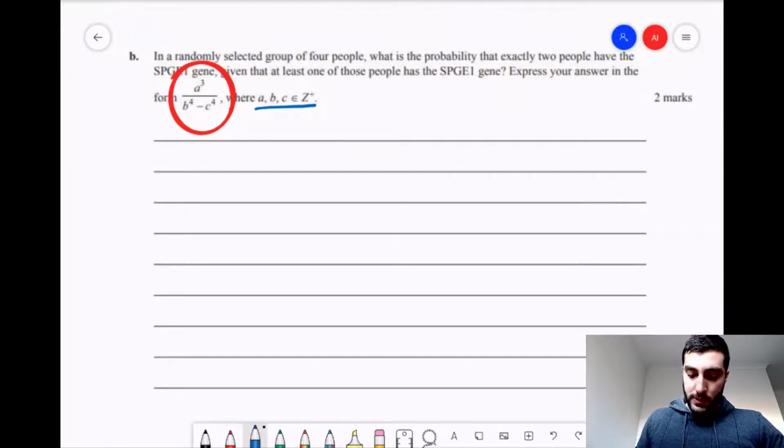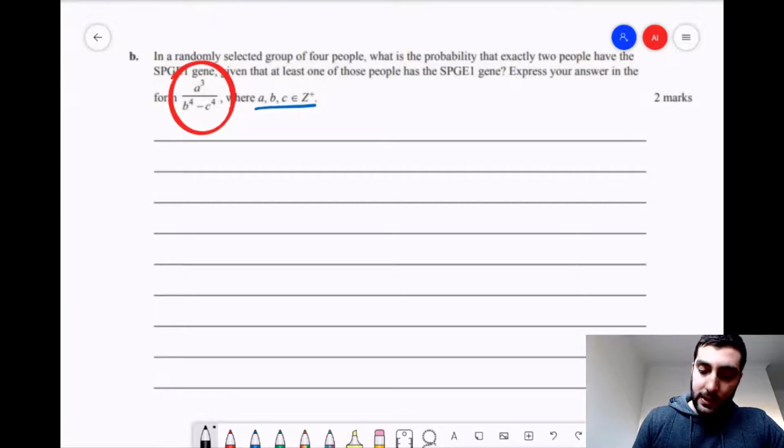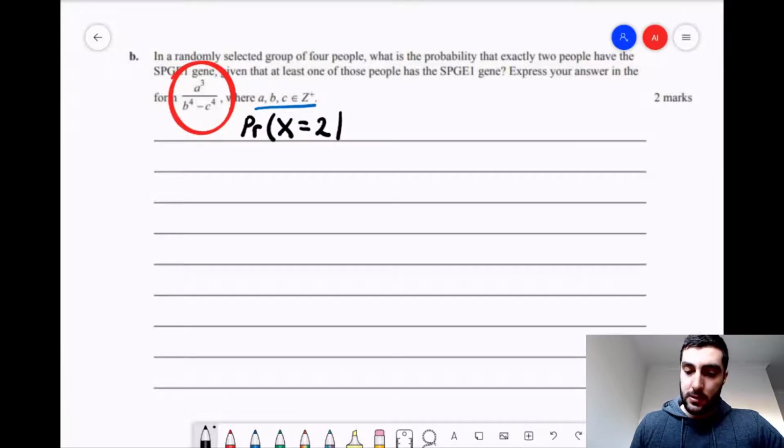Great. So what's the question actually asking? It's asking, what is the probability that exactly 2, so we want the probability that x is equal to 2, given that at least one of those people has the gene. So you want at least one, meaning x is greater than or equal to 1.